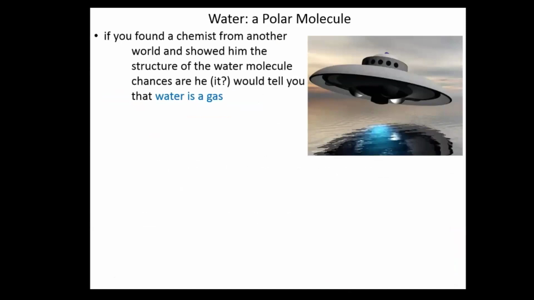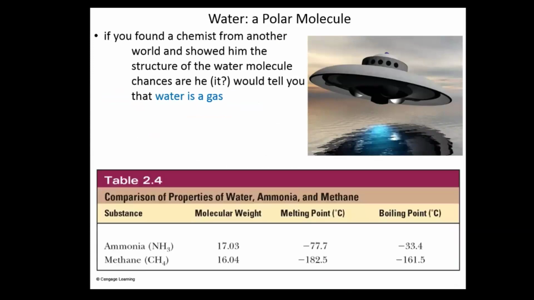If a chemist from another planet were to land on this planet, and you were to show that alien chemist the structure of water, that alien, he, she, it, would tell you that water is a gas. Here are two gases we're familiar with.